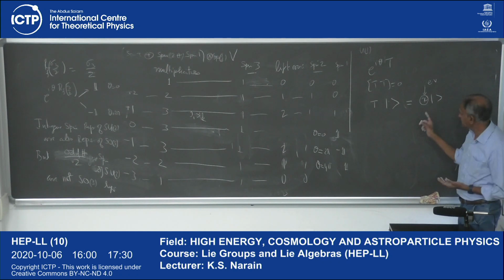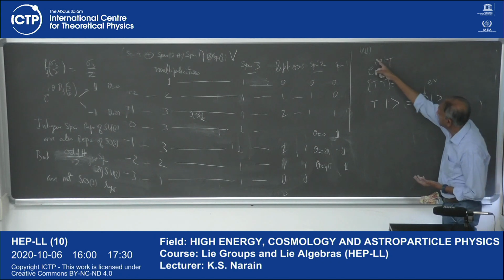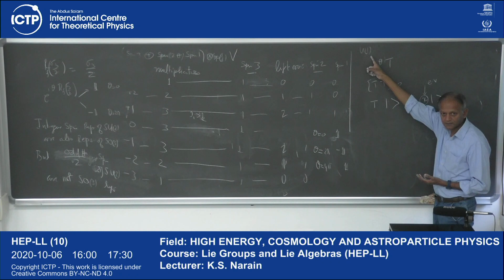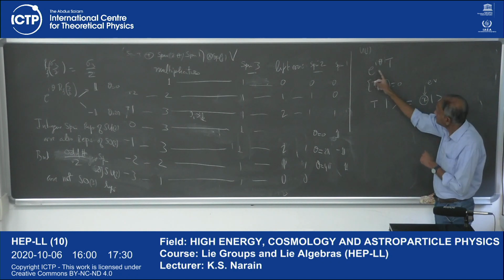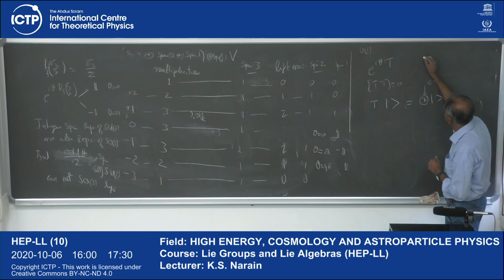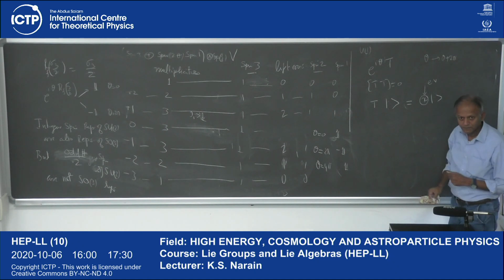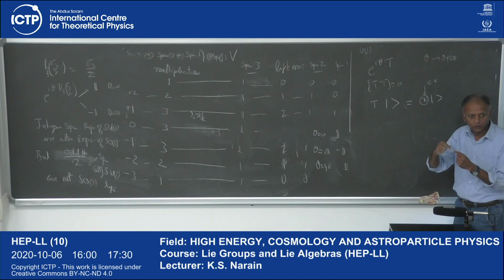But that's not enough, because I need to again see the global structure, whether it's globally defined or not. This has a U1 periodicity: theta equal to theta plus 2 pi. It was the same element of the U1.